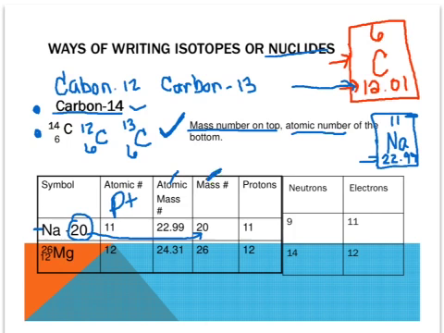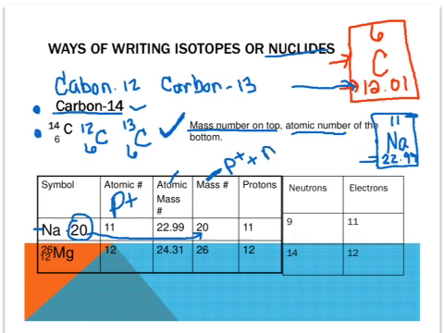Let's back up. Let's put it this way. The mass number is protons plus neutrons.